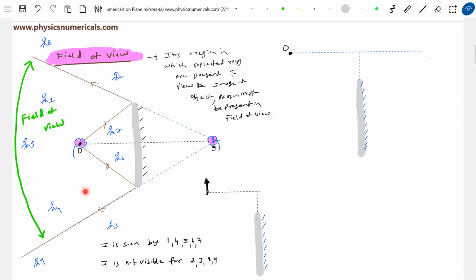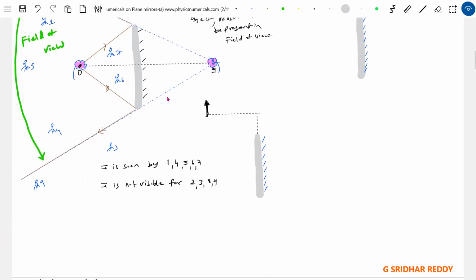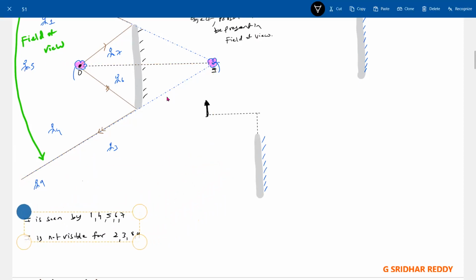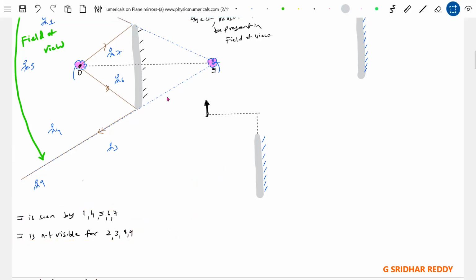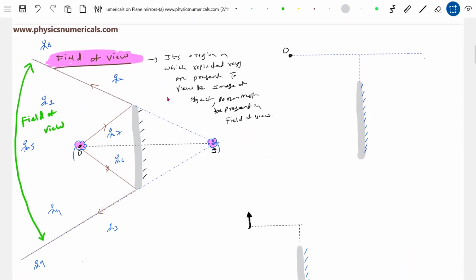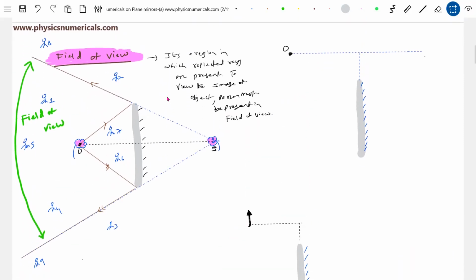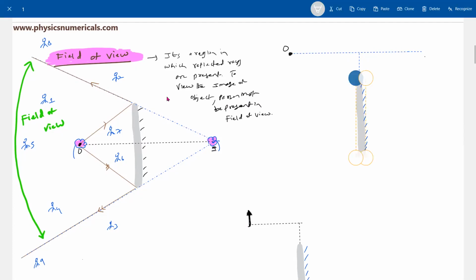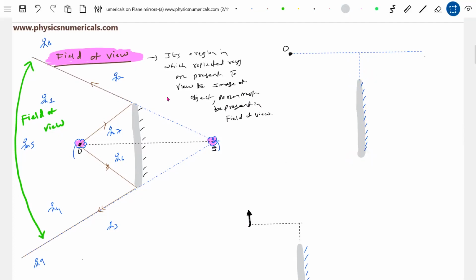Okay, now we'll similarly take the next one. Let me adjust later on. Okay, let's come to the next one. I kept an object. There's a plane mirror. I kept an object here. What about the tracing of the image?